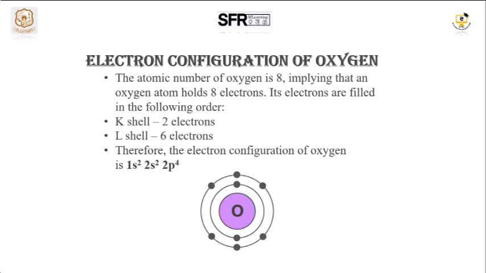So, we have 2px, 2py and 2pz orbitals. Out of these 3 orbitals, first we have to fill each orbital with 1 electron. So, 3 electrons will be filled: px with 1 electron, py with 1 electron and pz with 1 electron. The 4th electron will go to the 2px orbital and get paired up. So, totally the 2p orbitals will have 4 electrons.